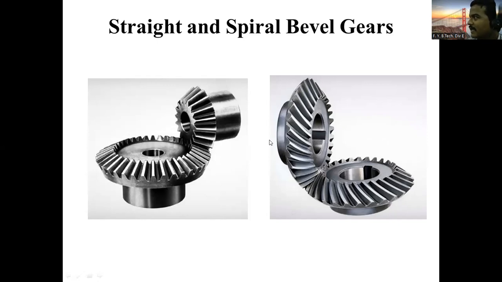By using this bevel gear, we are distributing the speed to the rear wheels, and accordingly the vehicle is moving ahead. Understood? So you should know where the bevel gear is used. It is used in differential gearbox. Clear?